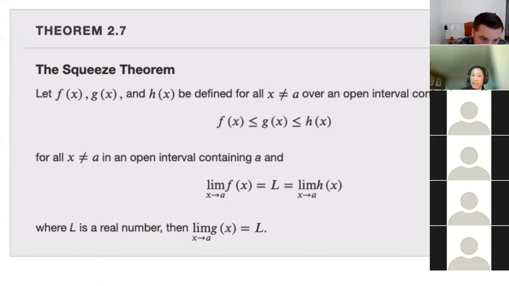If f of x is less than or equal to g of x, which is less than or equal to h of x, for all x not equal to a in an open interval containing a, and the limit as x approaches a of f of x equals L, and the limit as x approaches a of h of x is also L, where L is a real number, then the limit as x approaches a of g of x is also equal to L. That's a lot. I definitely would encourage you to read that over again.